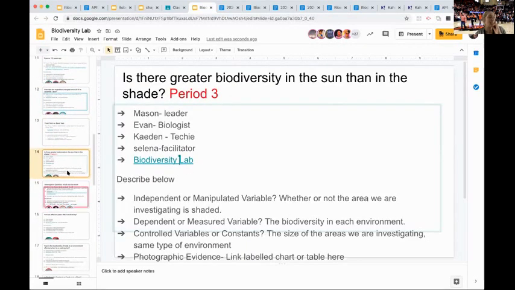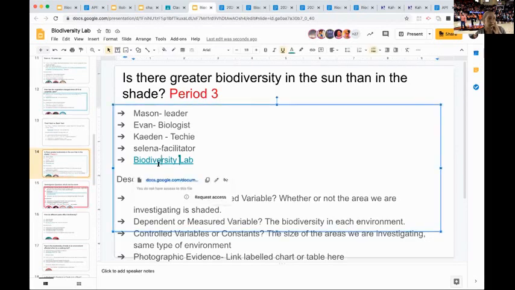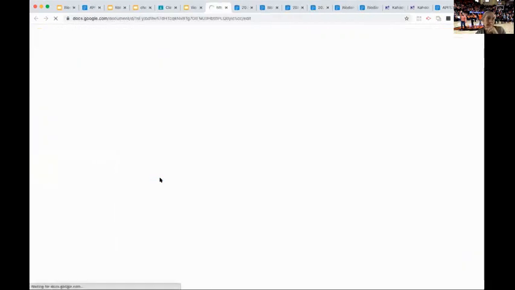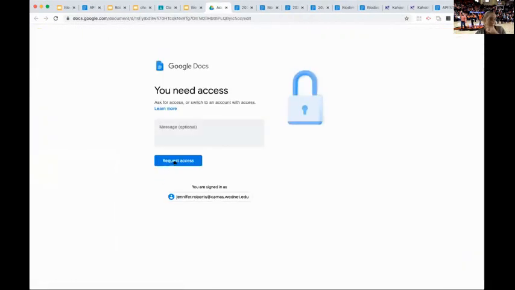Lena, Caden, Evan, and Mason. There we go. I want to check your link. Biodiversity in the sun and the shade. Okay, and I'm requesting access, but you want to open your access to me so that I can see your stuff.